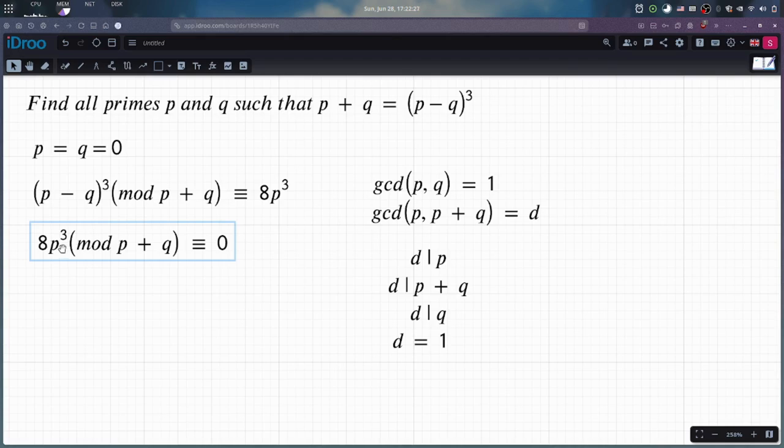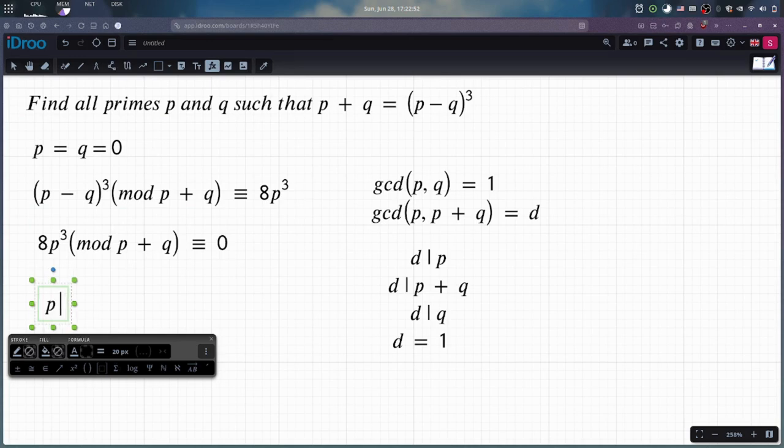From here, we can deduce a very interesting fact. If 8 times p cubed is divisible by p plus q, then that means that p plus q divides 8, because it cannot have any common factors with p cubed, as they're coprime. Therefore, we can say that p plus q divides 8.